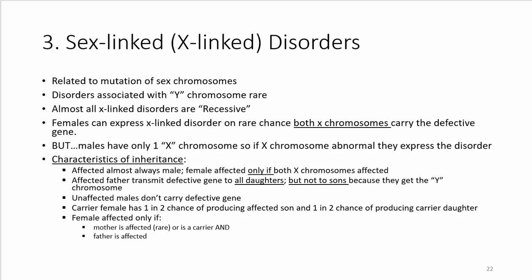So if the recessive allele is given to the son, then the son expresses it. If the recessive allele is given to a daughter, that daughter gets the dominant allele from the father and therefore is heterozygous and will not express the disorder. Women can get these disorders, but that means that the father must have the disorder and the mother is a carrier.